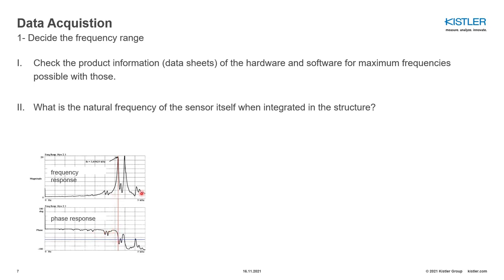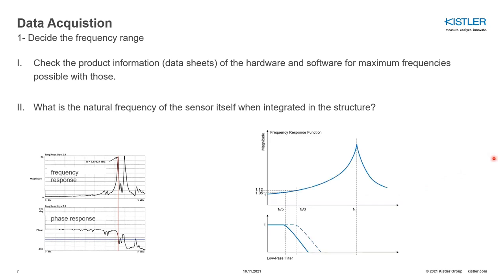If we make the presentation of this as a general rule, you can see the frequency response function. You have frequencies on the x-axis and the magnitude of that system. You can see this distinct spike at a certain frequency, what we call the natural frequency f0.